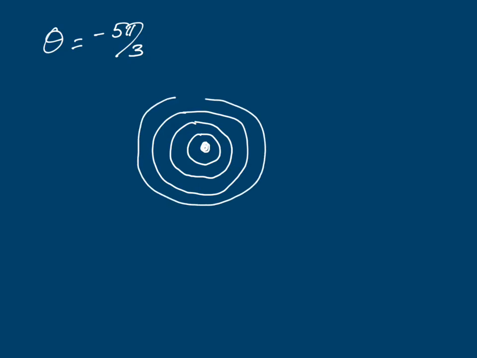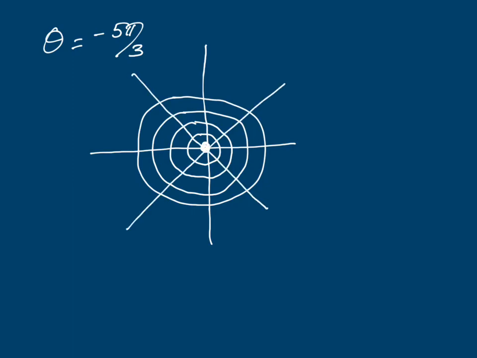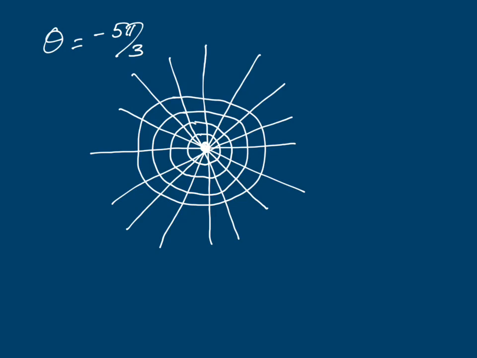It doesn't matter how many I do for this one. Those are your polar axis and theta over 2. Here's your pi over 4s, here's your pi over 3s, here's your pi over 6s. Let me clean that up a little bit.